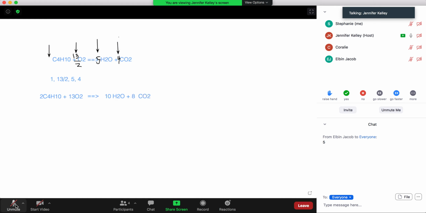And I know that that is reasonable because when I'm looking at my coefficients now, I'm looking at the 8, the 10, the 13, and the 2. And what I'm looking for here is to make sure that none of those are fractions, and they're not, and to make sure that they can't be divided by the same number evenly.